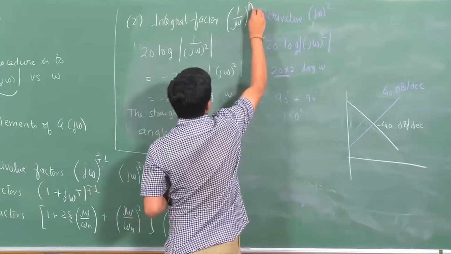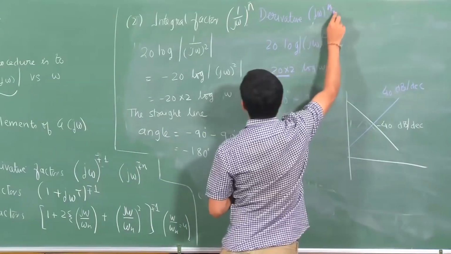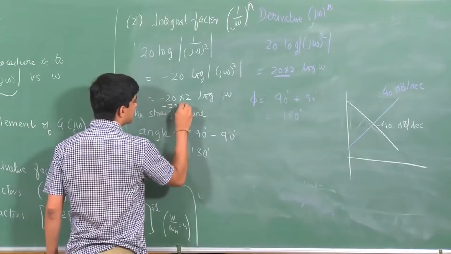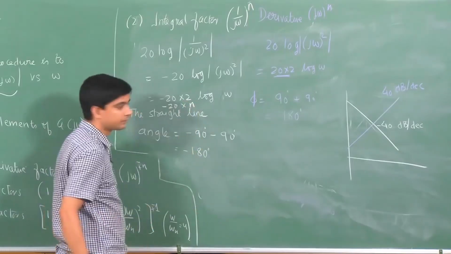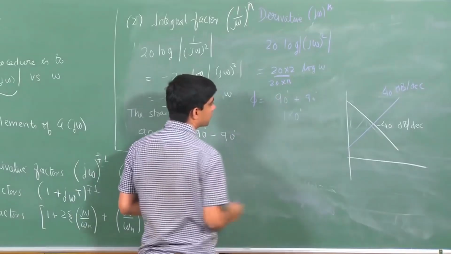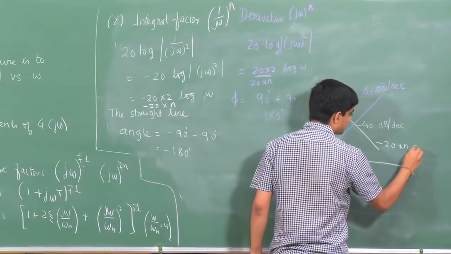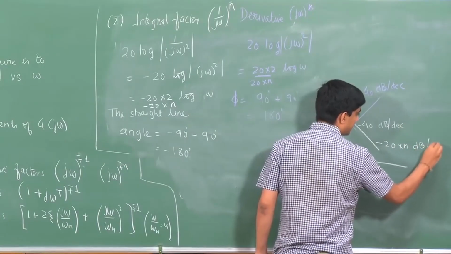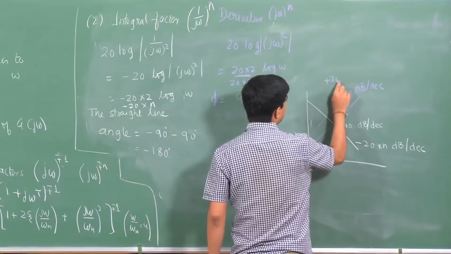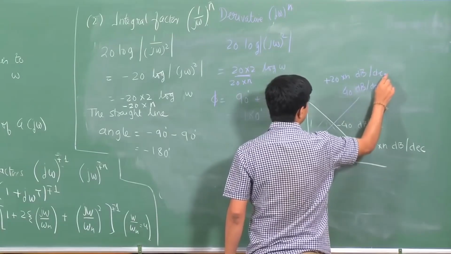I can generalize this to n here and n here, right. So what will change here is minus 20 times n, right, here also plus 20 times n. So the slope would be minus 20 times n decibel per decade, and here it would be plus 20 times n decibel per decade, right.